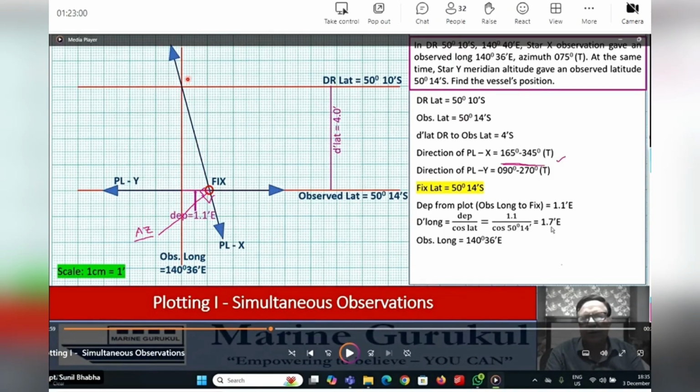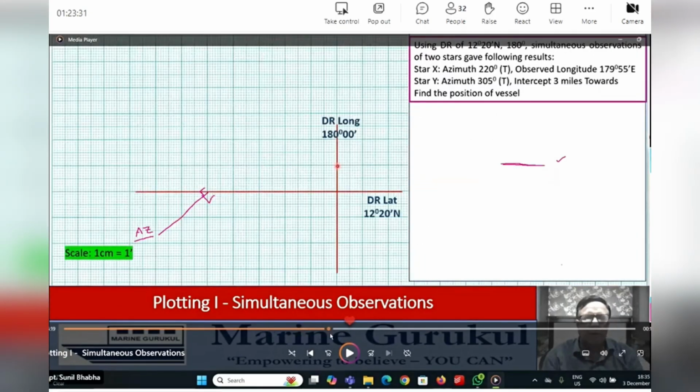So if at any time you are doubtful which mean lat you should take, whatever mean lat you think is most appropriate, your answer will still be correct. Only thing is, don't show that mean lat here. Instead of showing 50 14 here, just write cos of mean lat and do the calculation. Your numerical answer will still be correct. Okay, so that's a bonus.